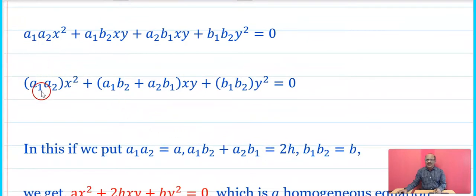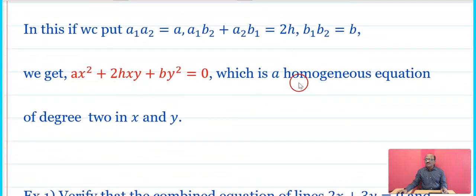And again we will write here (a1a2) into x square plus (a1b2 plus a2b1) bracket complete, take xy as a common, plus (b1b2) bracket complete into y square, and that's equals to 0. Now we'll substitute some terms. That is, the product of the constants a1a2 is a, a1b2 plus a2b1, suppose that is equal to another constant, 2h, and b1b2 equals b.